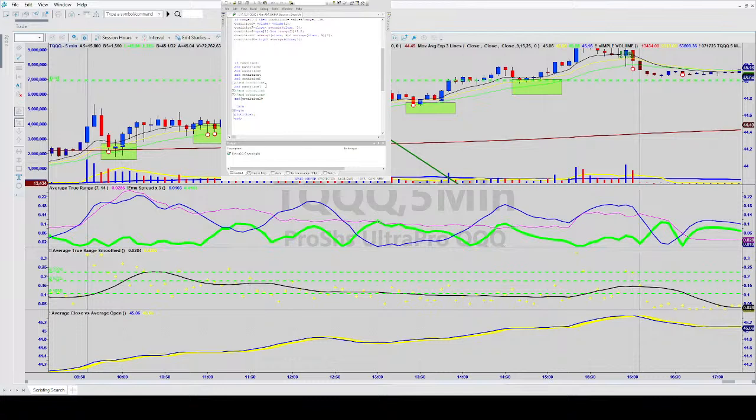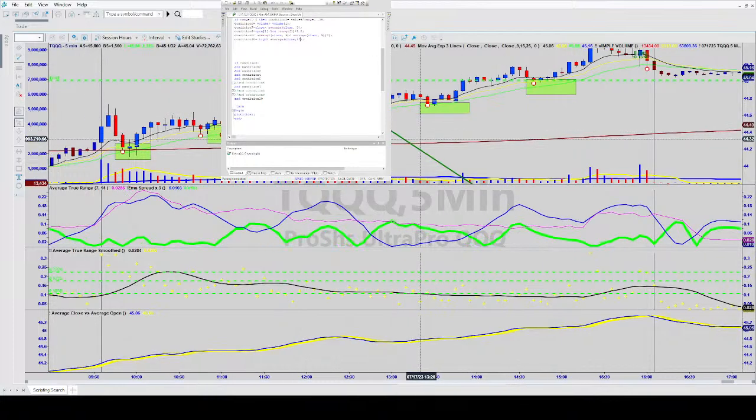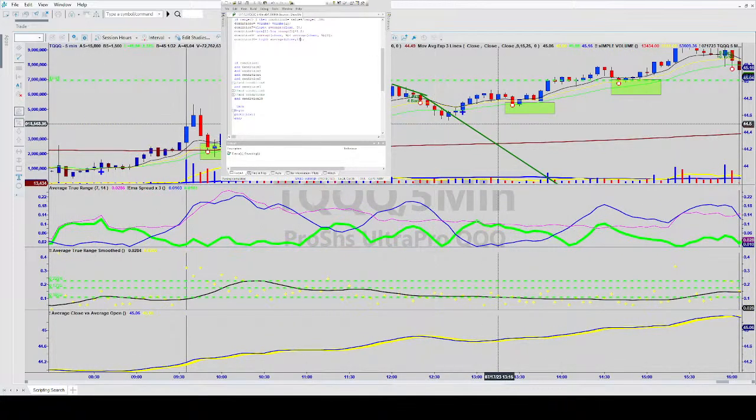All right, it is still under 10. Going the wrong way. 12. There we go. All right, good.